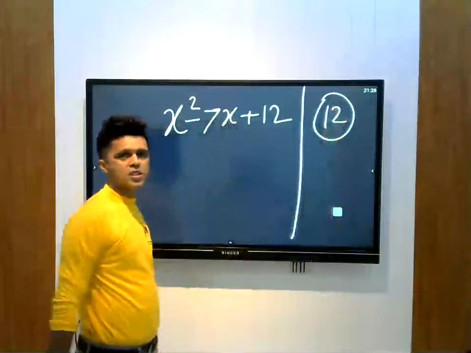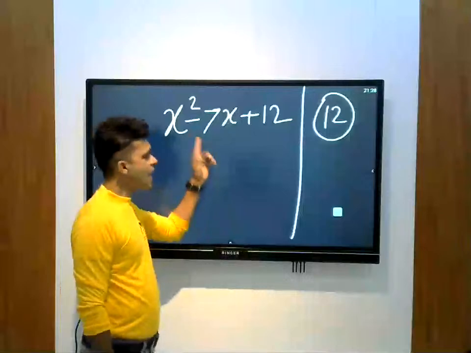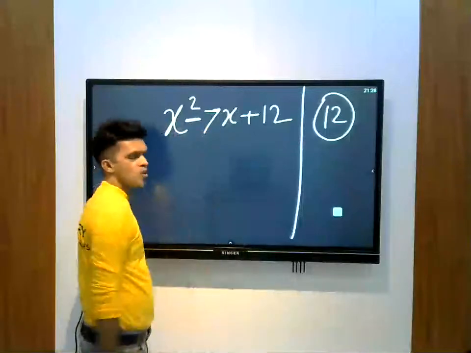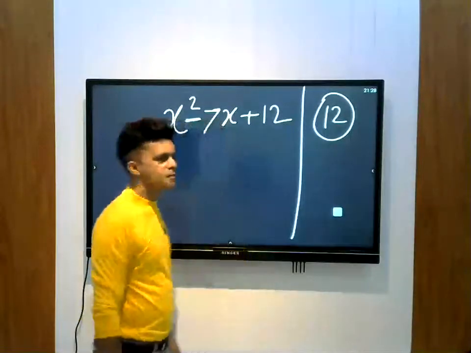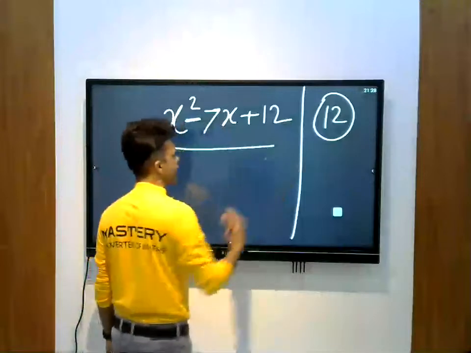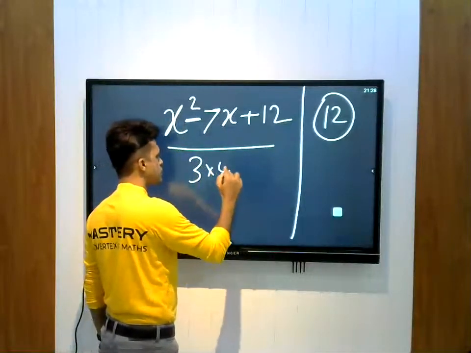You have to get the factors of 12 so that you can get negative 7 here. How can you do this? Just find factors of 12 so that you can get negative 7 here. 3 times 4 is 12.